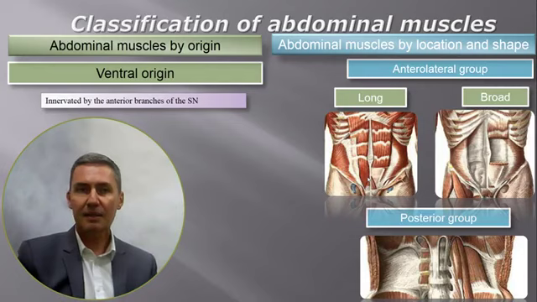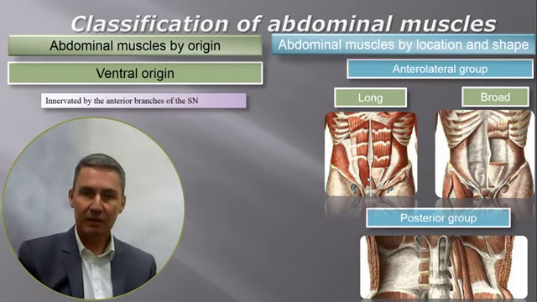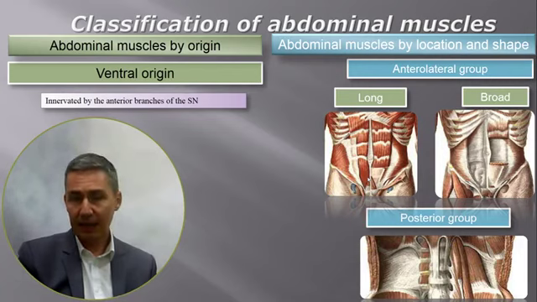These muscles are very important for bending of the trunk, also for raising of the pelvis if the subject is in the lying position, and like the other muscles of the abdominal wall, including the broad muscles.